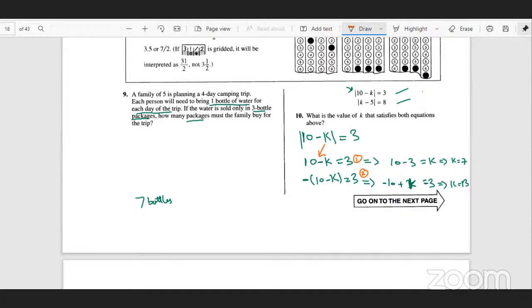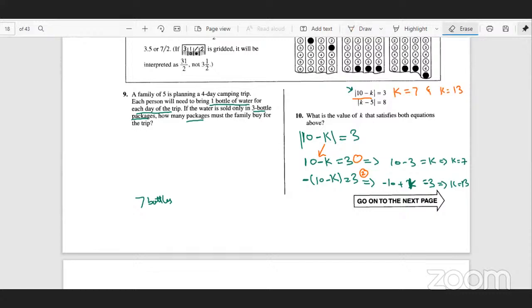And for this equation, we are getting that k is 7 and k is 13. Let's do it for the other equation now.